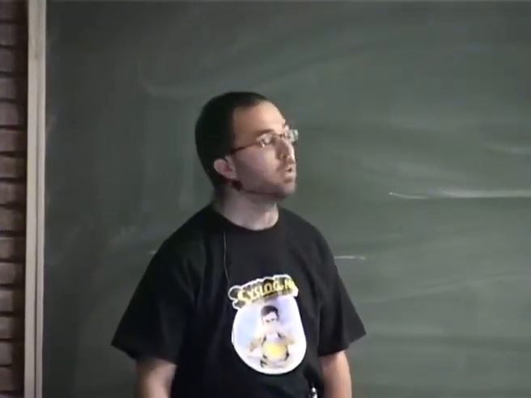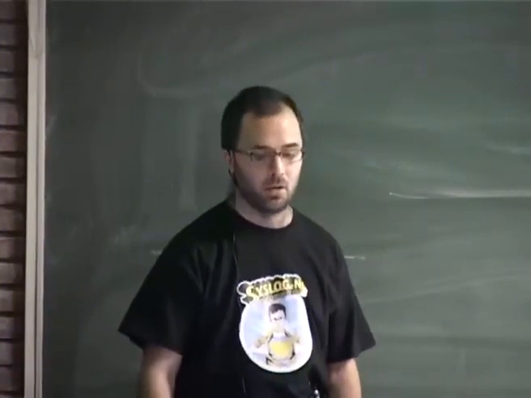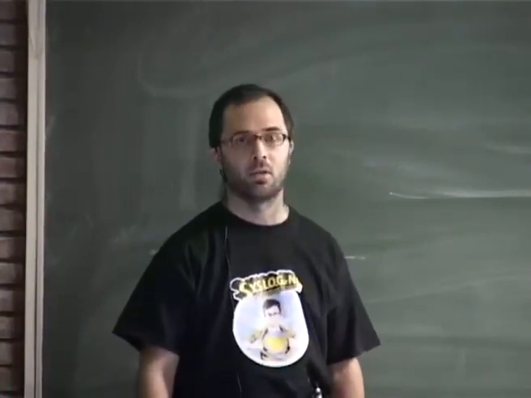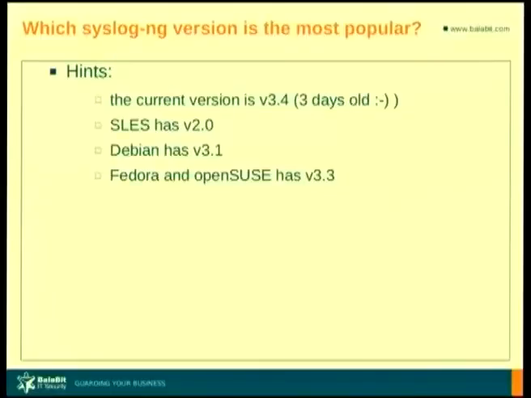So before going on with what I did to change the syslog-ng world, I would like to ask a tricky question. Which syslog-ng version is the most popular? Here are some hints on the screen.